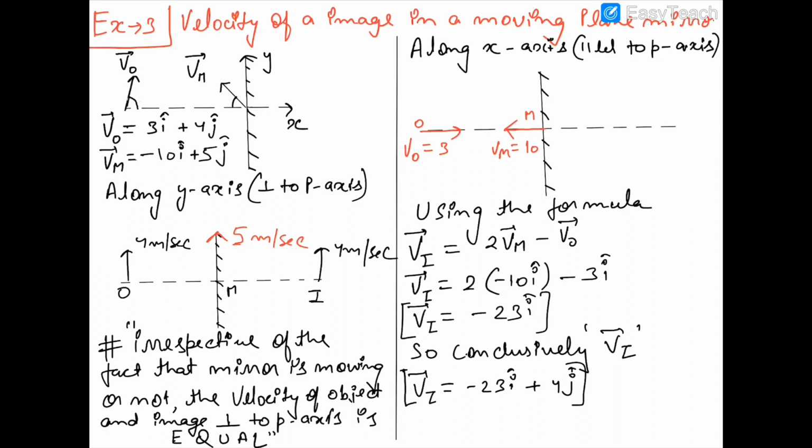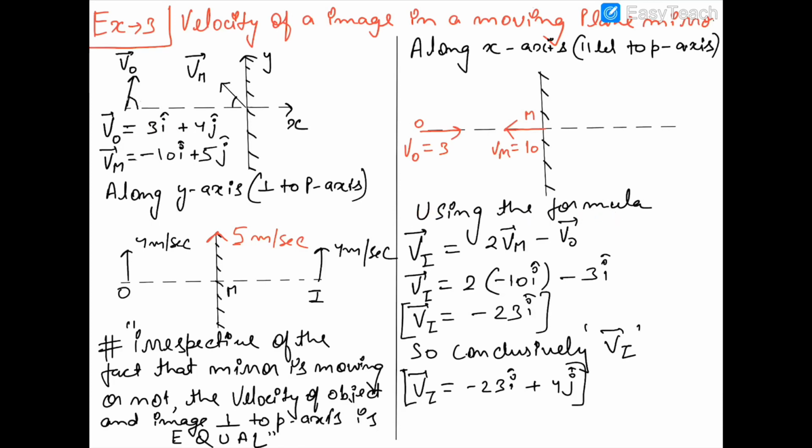Now the mirror is moving backward to the left, which is given as minus 10 i cap, and the speed of the mirror is 10. This is in the standard unit, meters per second, so I am omitting writing that. And the velocity of the object is towards the right side, in the positive x-axis, you can see that.